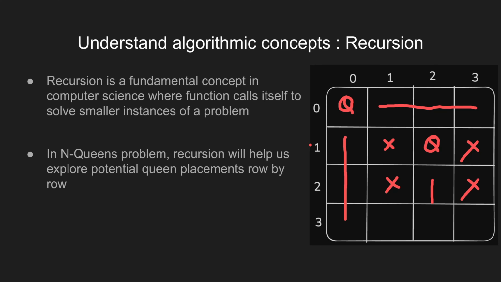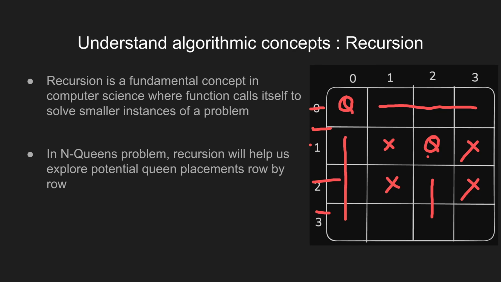This column is also gone. So we cannot place here. So recursion will only help to iteratively place the queens row by row, checking the conditions and going to the next. But currently we have a problem that this position is not valid according to the rules.